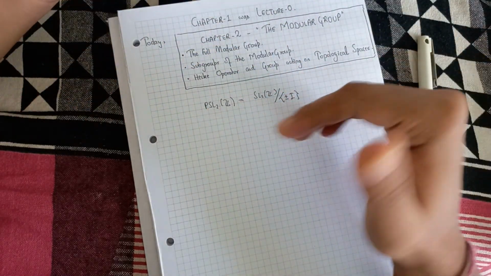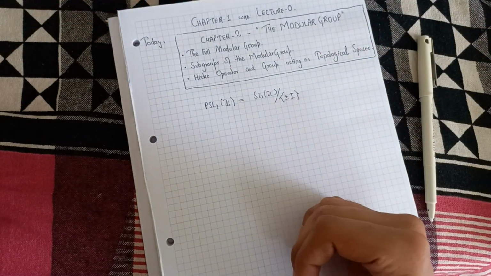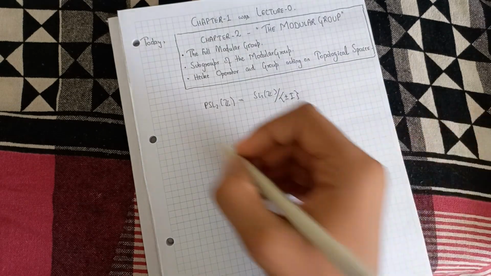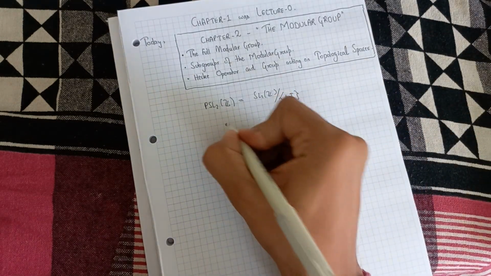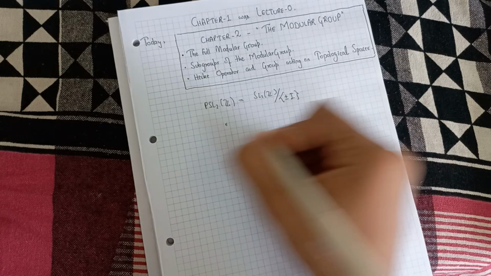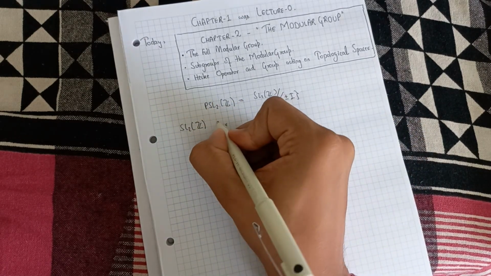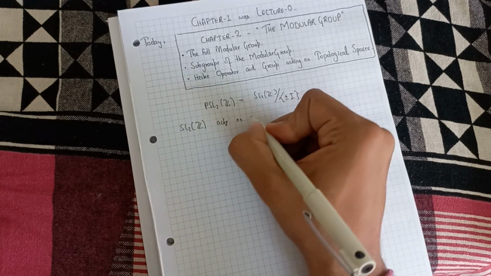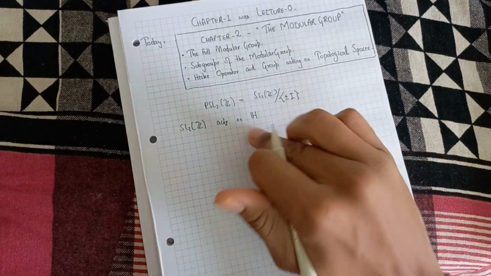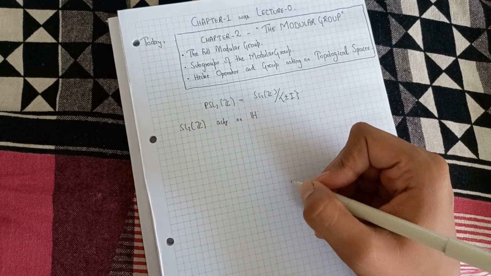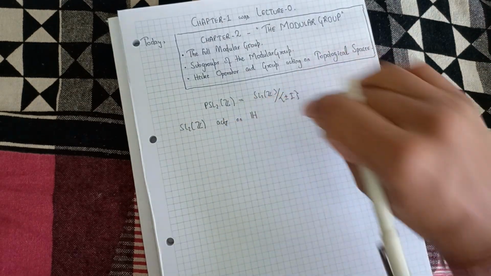By this construction, the quotient is by plus minus identity. As you will later see in the upcoming chapter, this modular group SL2(Z) acts on the upper half complex plane H, and the way it acts, it preserves the orientation.